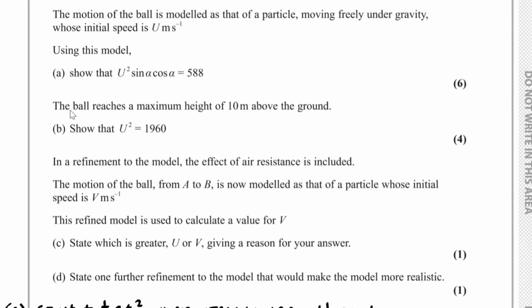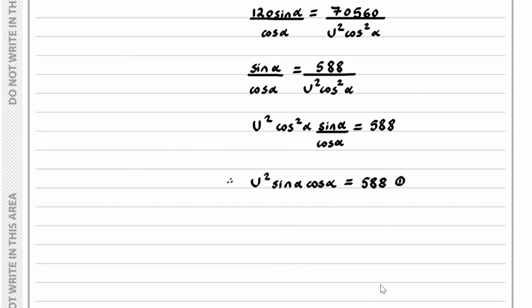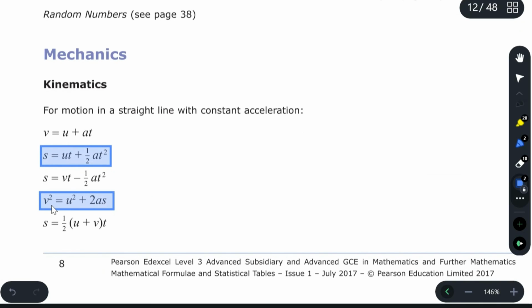Now, for part B, the ball reaches a maximum height of 10 meters above the ground, and we have to show that u squared is equal to 1960. Well, here what we can do is use v squared equals u squared plus 2as.